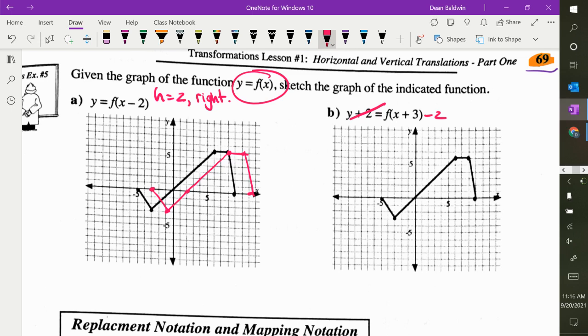What's my H? -3, which means what? Left 3. And my K is? Which means we went down. So every point goes 3 units left and 2 units down. So move every point 3 units left, 2 units down.